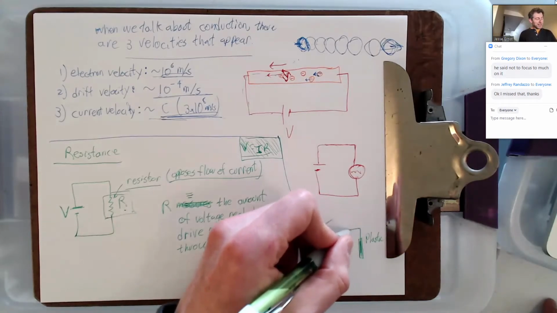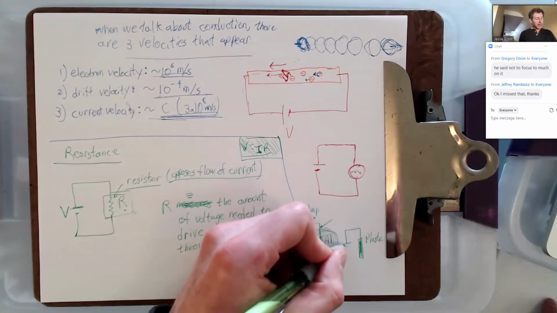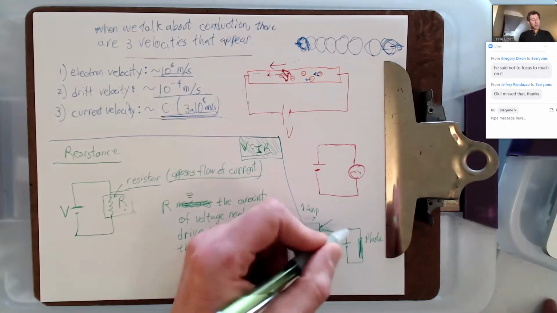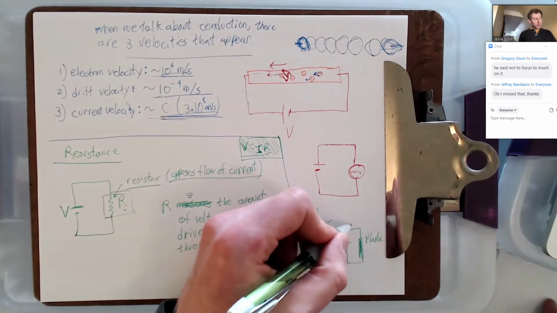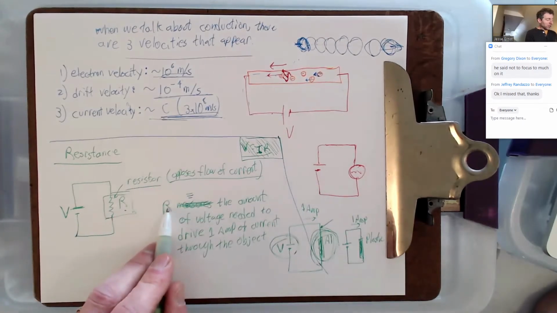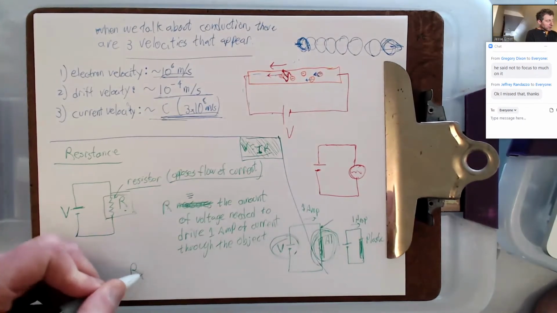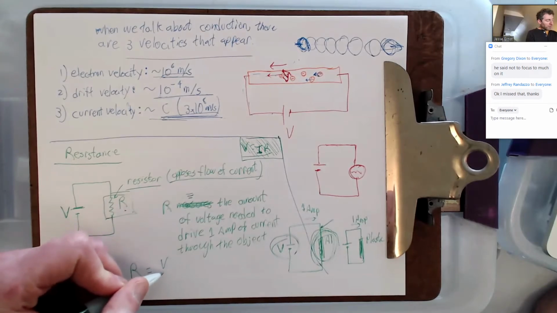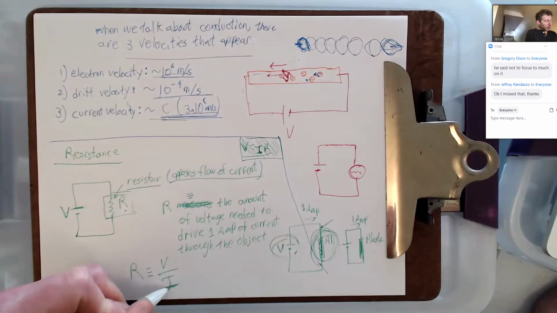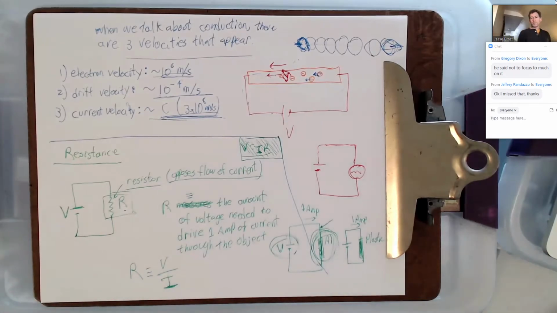This piece of plastic, you'd be cranking up the voltage quite high. You might need thousands of volts across it before you would get 1 amp of current through it. And that is the definition of resistance: the number of volts it takes per amp of current you want to go through it.